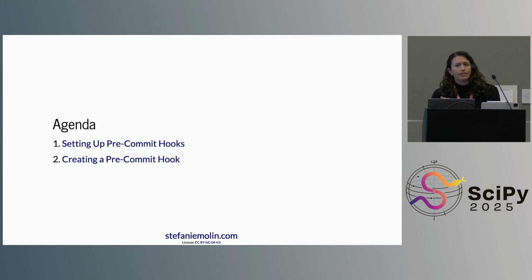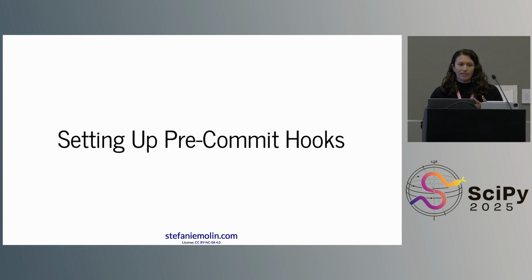And then in the second half, we are going to focus on how we actually create our own pre-commit hook. Let's say we have certain code quality checks that we want to run on our own code, and then we can implement those and have those run. So for the first half, we'll do how we actually use pre-commit and pre-commit hooks. We'll see the difference between those two terms.